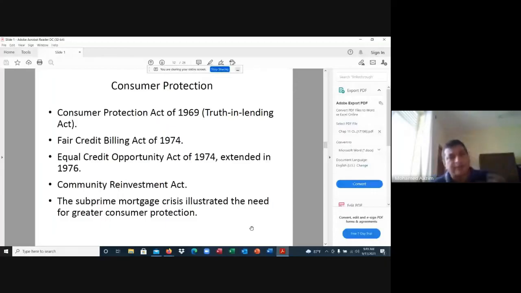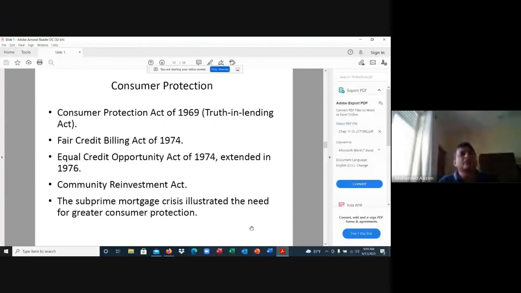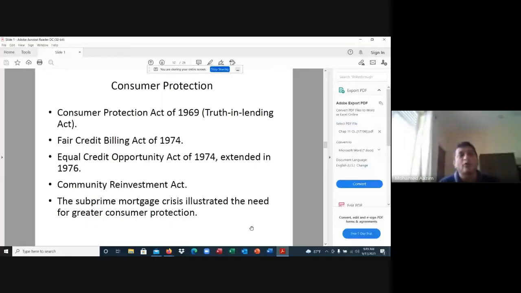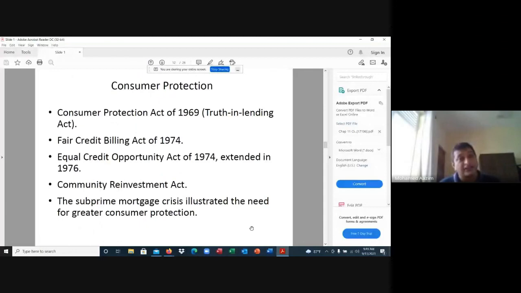So the subprime mortgage market crisis again opened up more requirements in terms of this consumer protection and customer protection, because certain segments of the society also suffered because of the very low standards of credit evaluation practiced by financial intermediaries. That is the principal agent problem we discussed.